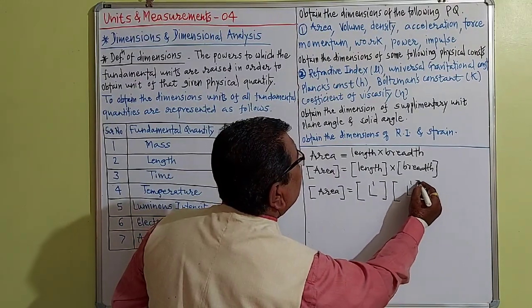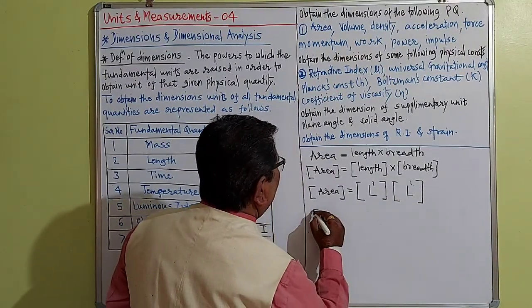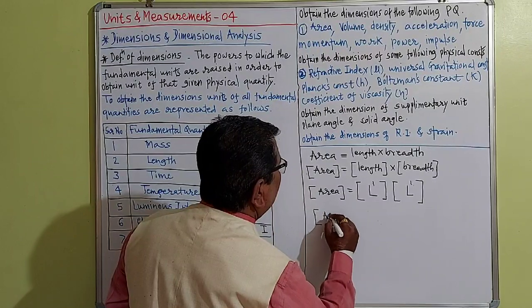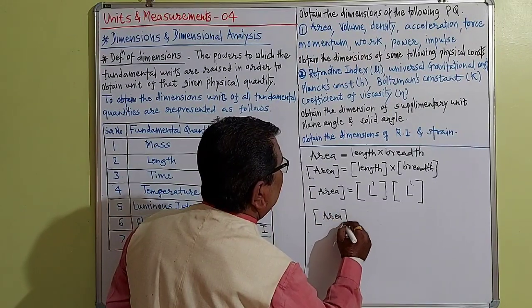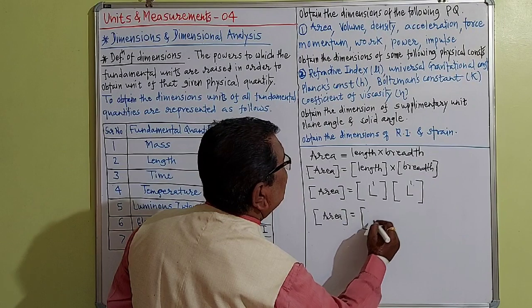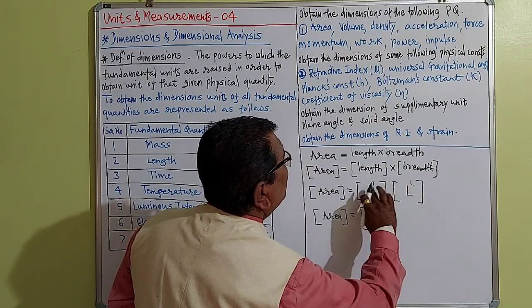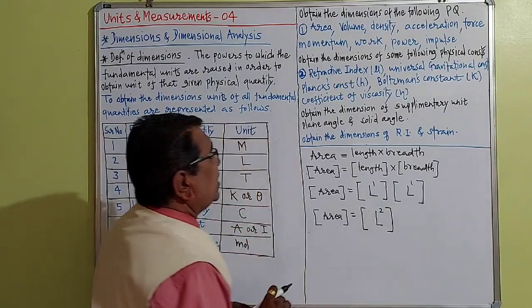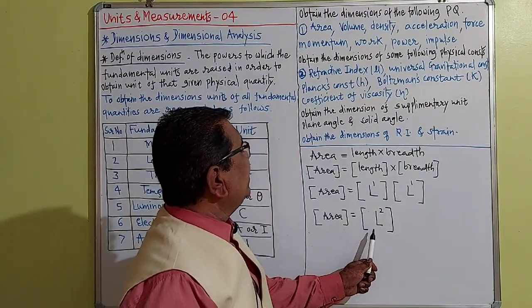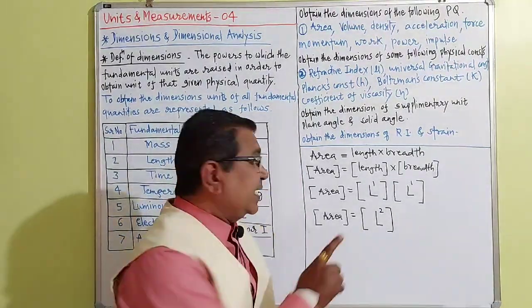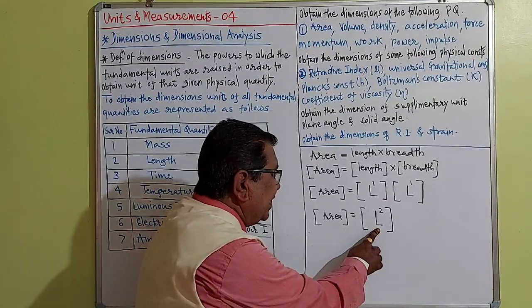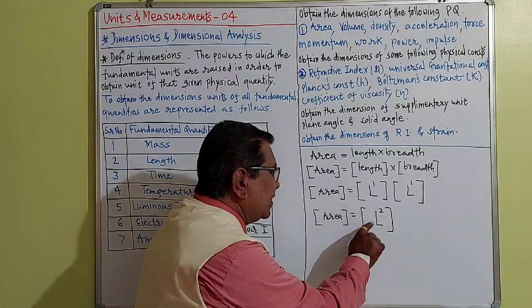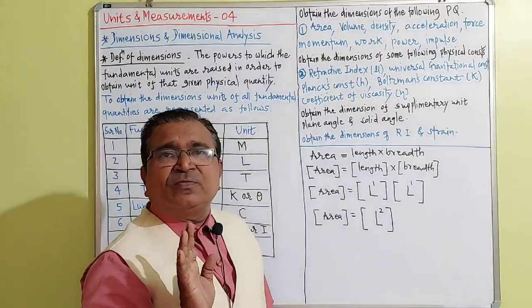So we can write like this, L1. So dimension of area is equal to, combine these two, we'll get what? L2. So dimension of area in length is 2. Dimension of area in length is 2.